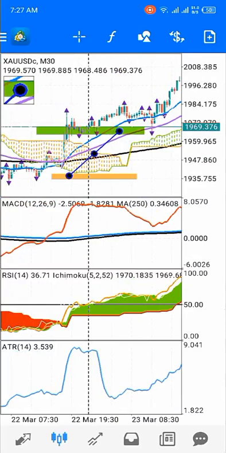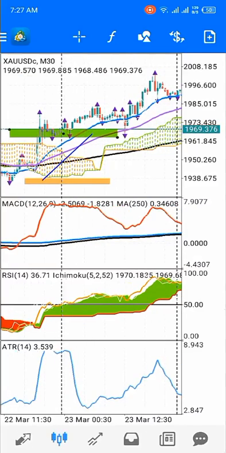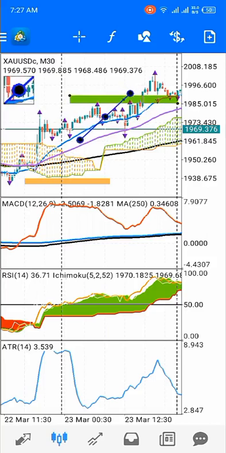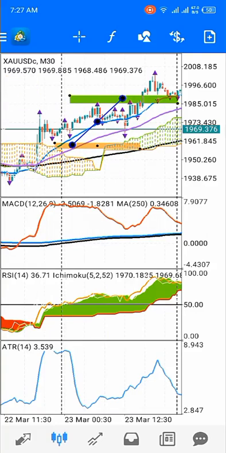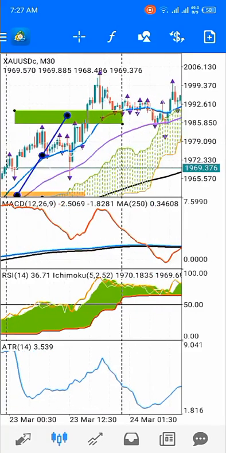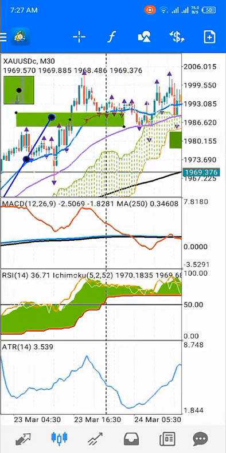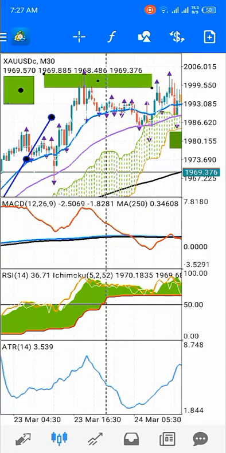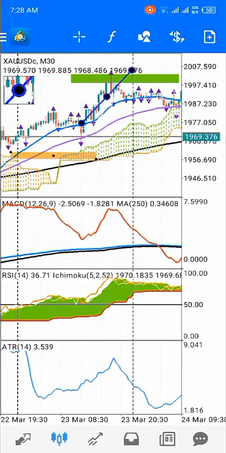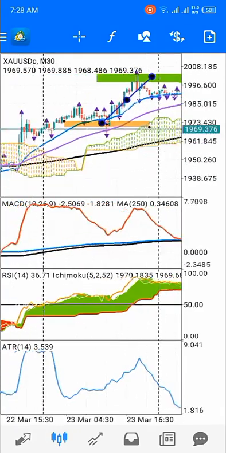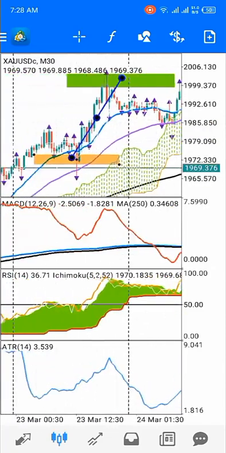So measuring the distance between the stop loss and the price entry, as price goes up, it's preferable that you move stop loss in line with the distance of price movement, especially when you are in profit.